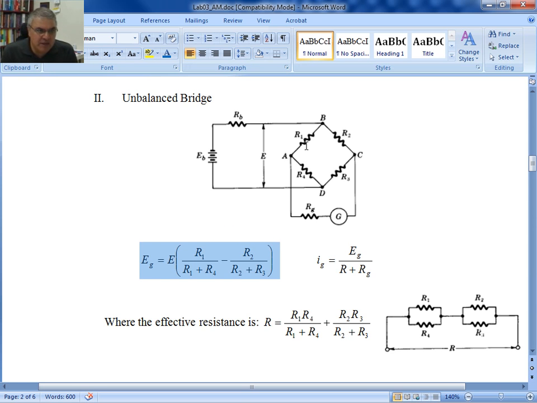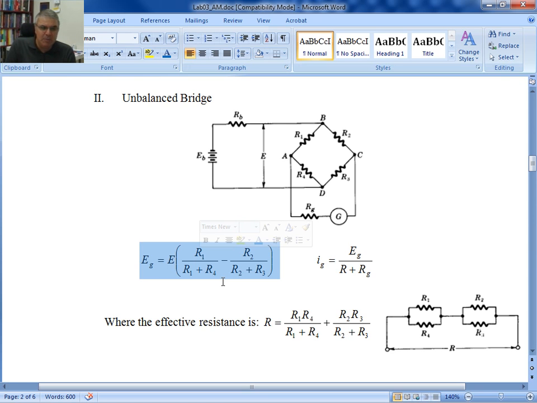In this case, it is clockwise. In the problem that you have, it is counterclockwise. So don't just plug in the numbers right away. You need to get the correct arrangement, and then you can put R1, R2, R3, and R4 into this equation. In this equation, R1 is known, R2 is known, everything is pretty much known, and then you can calculate E sub G.